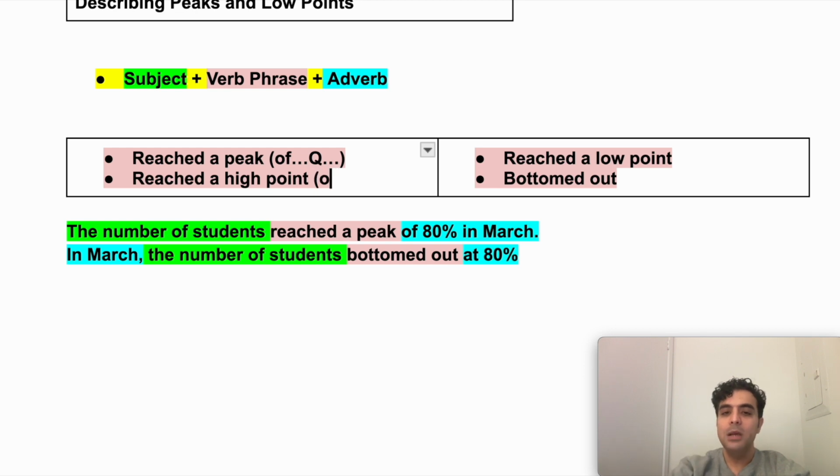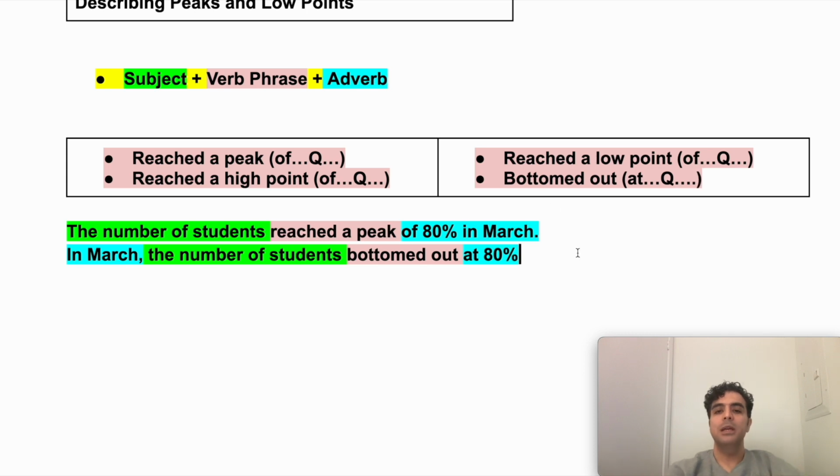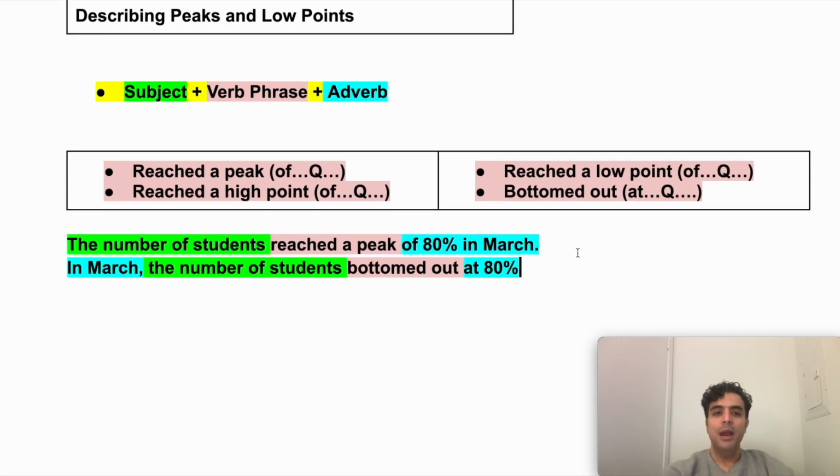Reached a high point of, and once again, mention the quantity. Reached a low point of. So far everything can be described, the quantities using of, but for bottom out, the preposition is, as I mentioned, at. So it bottomed out at this particular amount, and there you go.